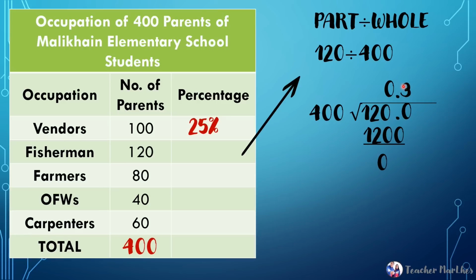So the quotient is 0.3. We need to convert 0.3 to percent. Just move the decimal point 2 units to the right and put the percent sign. 1, 2. There is one missing place, so we put a 0. It is not 3%, because we moved twice and there is a vacant space, so we add 0. From 0.3, it will become 30%.